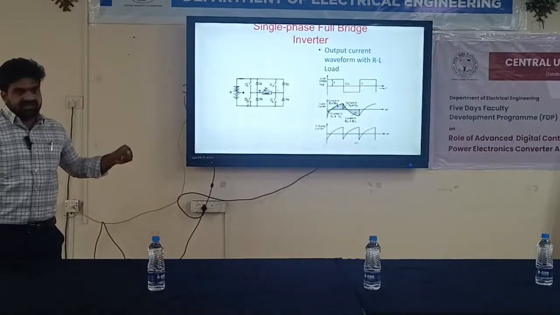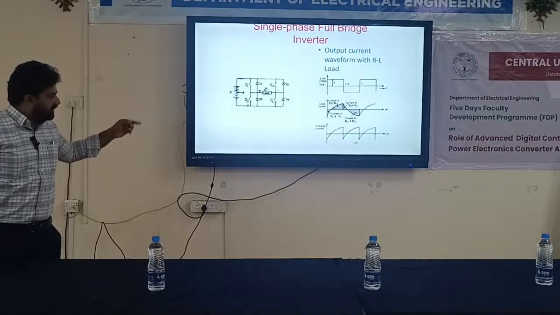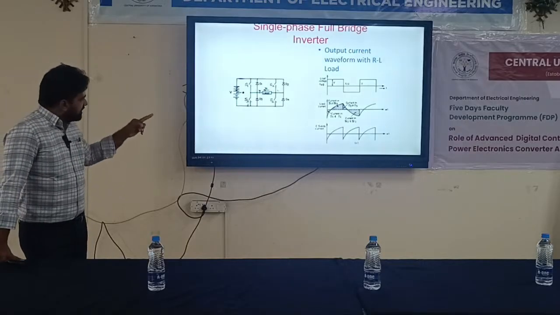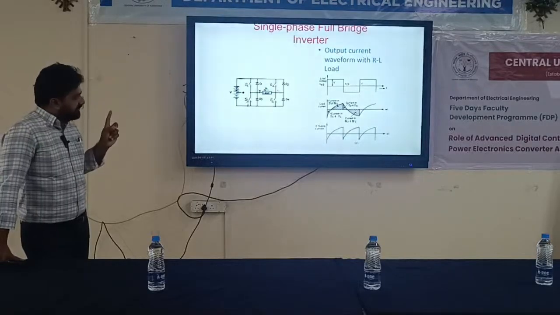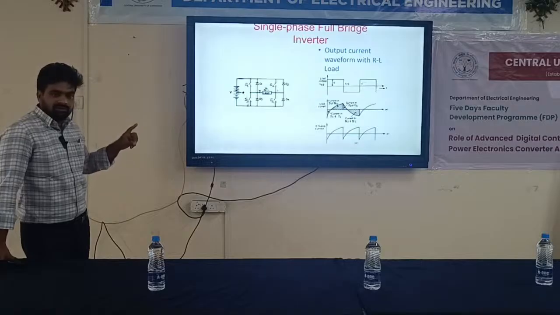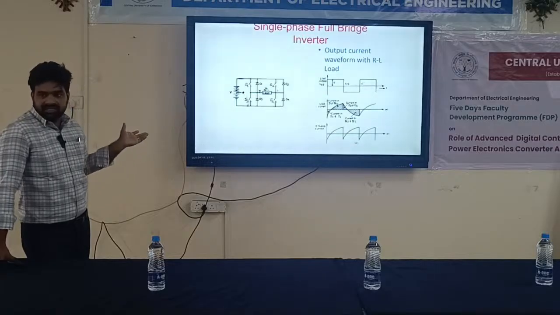In the present scenario, if you see the diodes D2 and D3, because of their nature and characteristics, they are enabling the power flow in the opposite direction.